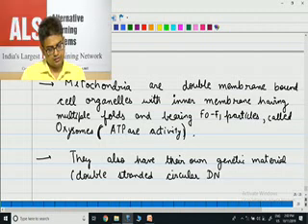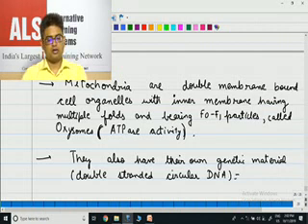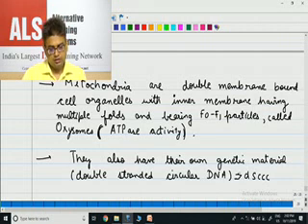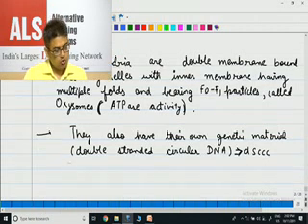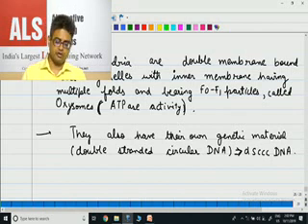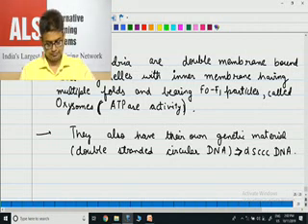Okay. So we call it DSCCC, double-stranded circular covalently closed DNA. I believe I have already told you this many times, so that is why I am not repeating it. Double stranded circular covalently closed DNA.